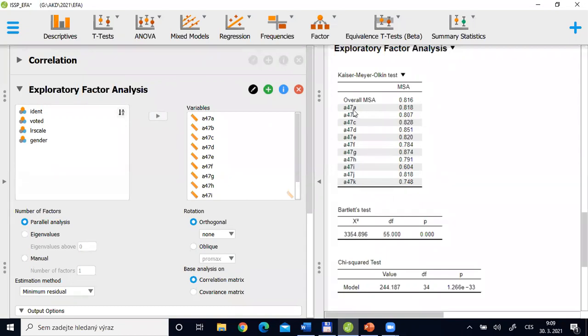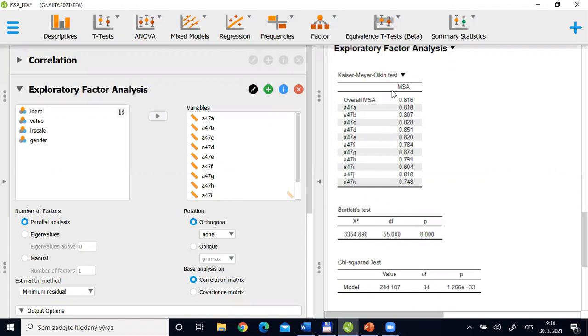And this output goes further, and it also evaluates the importance of individual variables, so it means A47A up to A47K in my solution. So not only can I evaluate the overall relationship for all variables together, but I can also evaluate the relationship of each variable to the set of the rest. So I would go to individual values of these MSAs, and if some of these values were low, once again, the rough rule would be below 0.5, I would decide to omit this variable from my solution.